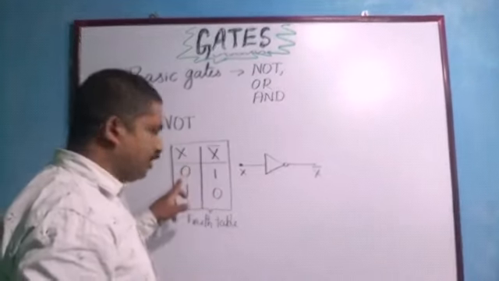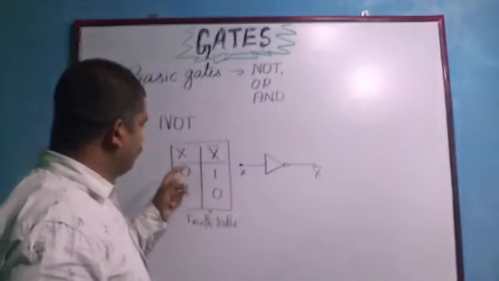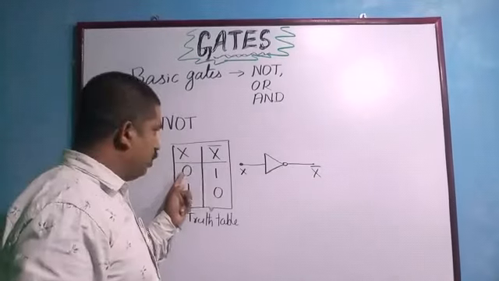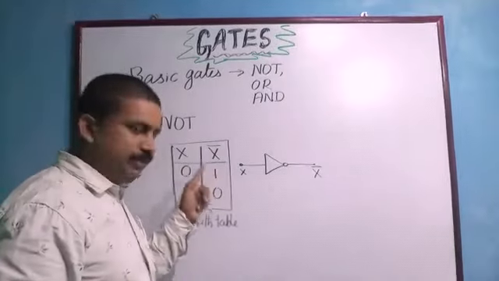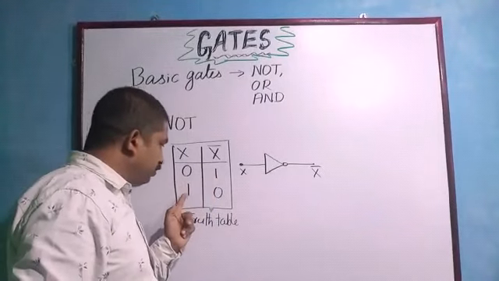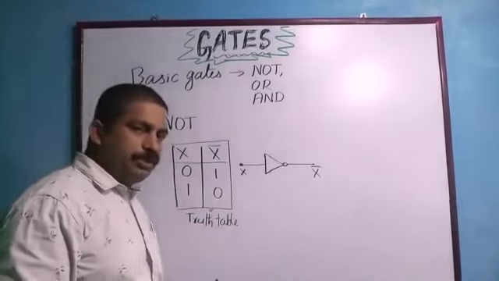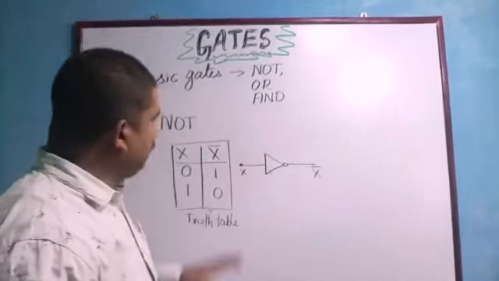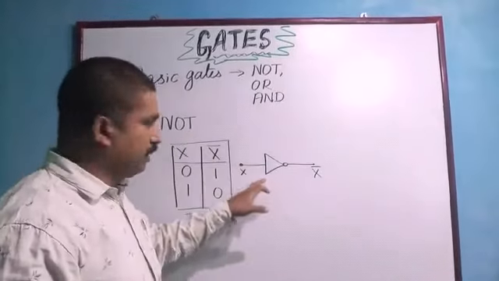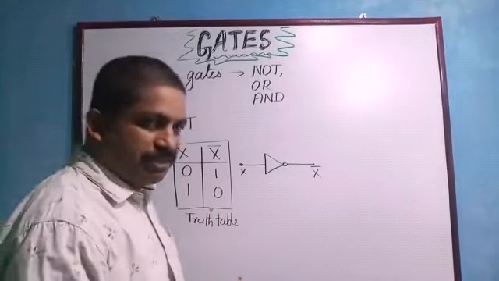If this is 0, not 0 is 1. We can also say, if 0 means false, output is true. If input is true, output is false. So that is called the truth table. This is all about the NOT gate.